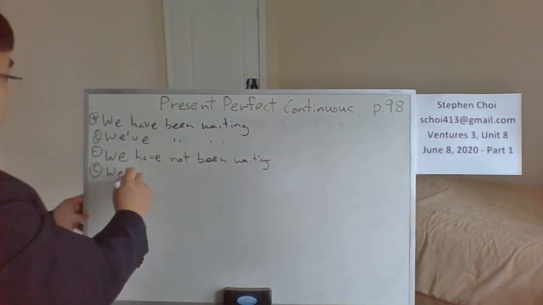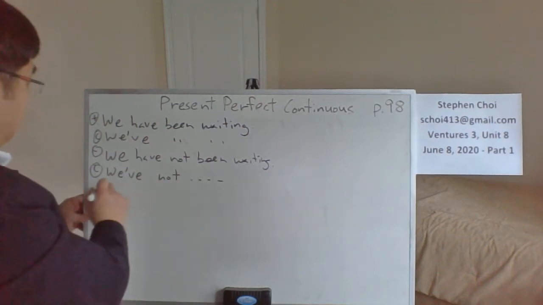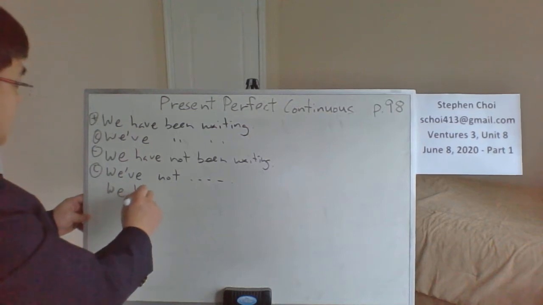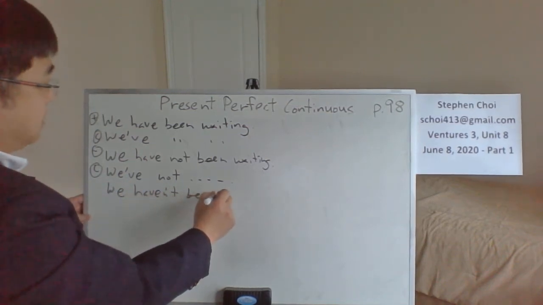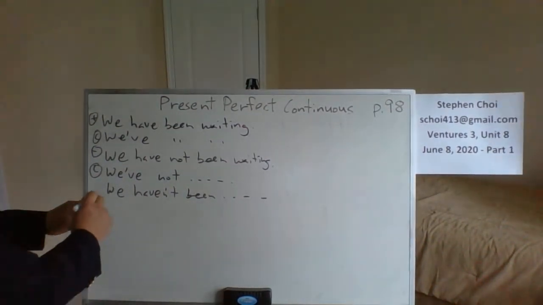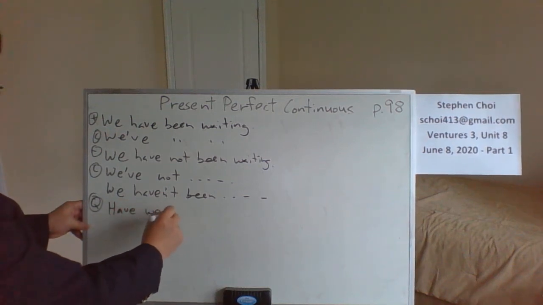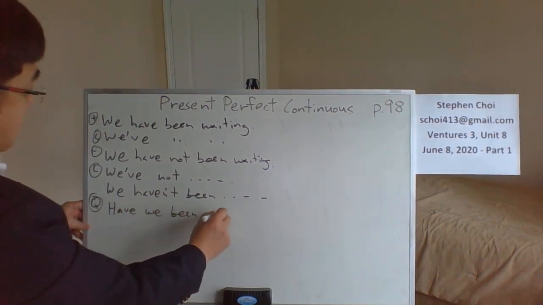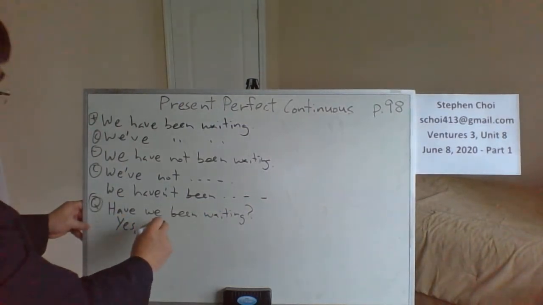You can say we've not been waiting, or we can say we haven't been waiting. And how do you make a question form? You say, have we been waiting? And the answer is yes, we have.